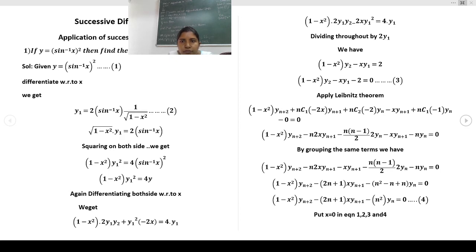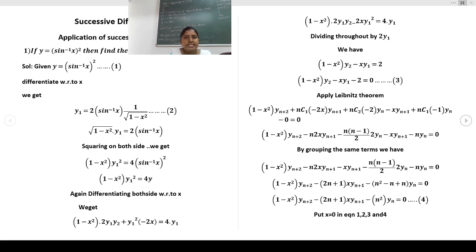So minus of n into (n² - n + n). If you take minus outside, we have this into y_n is equal to 0. Next, (1 - x²) y_{n+2} minus (2n + 1) x y_{n+1}, minus n plus n gets cancelled. We have n² into y_n is equal to 0. Consider that as equation number 4.